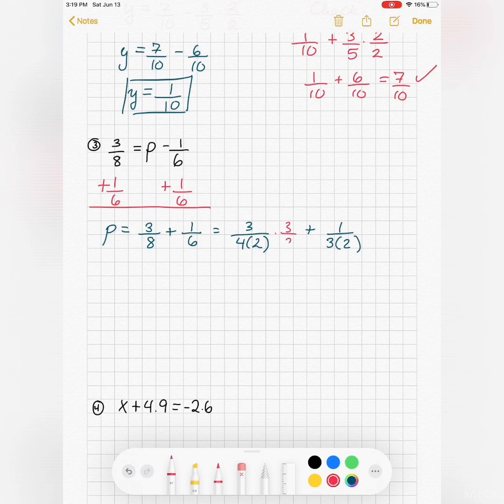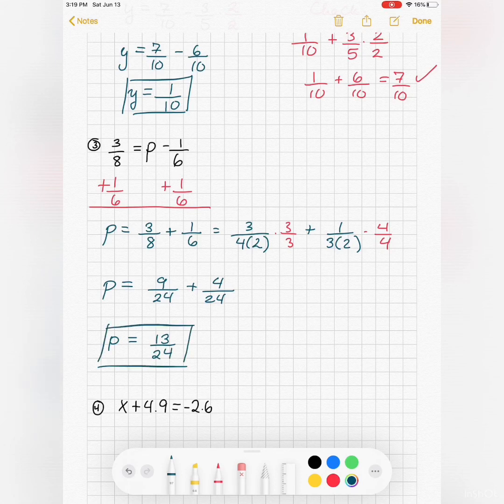So I need a 3 over 3 and a 4 over 4 to get the same denominator then. So we've got 9 over 24 plus 4 over 24. 13 over 24.